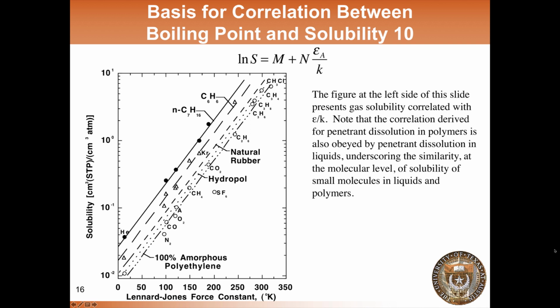And what this is telling us is that once you have established the position of this line vertically, then the dominant factor that governs the solubility of other gases is just how far apart they are in terms of their force constant or critical temperature or condensability. This is strong evidence that the first step in dissolution of a gas in a polymer, that is, that condensation step, dominates the energetics of that process.